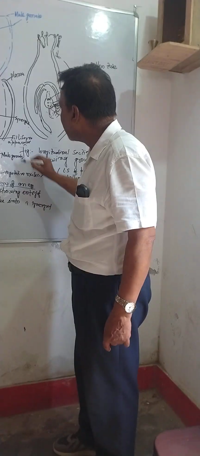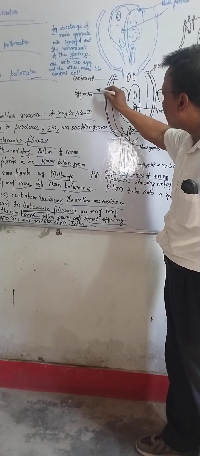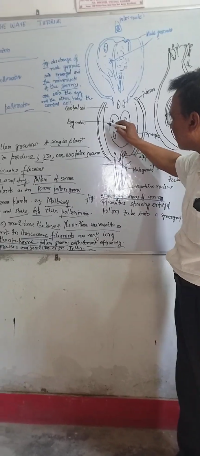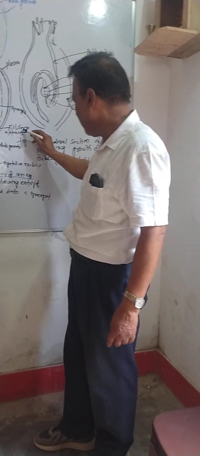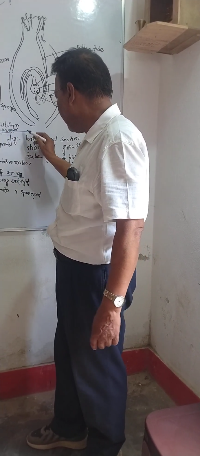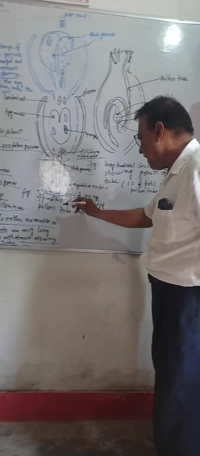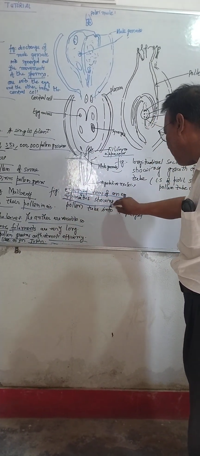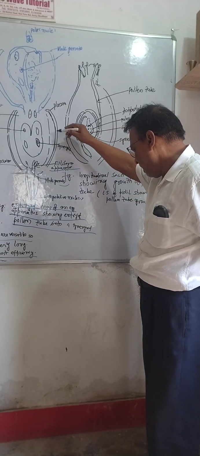This figure shows an enlarged view of the embryo sac. This is the cytoplasm, this one is the central cell, this is the nucleus, and this one is the filiform apparatus, and here these are the male gametes. And this figure shows an enlarged view showing entry of the pollen tube into the synergid.